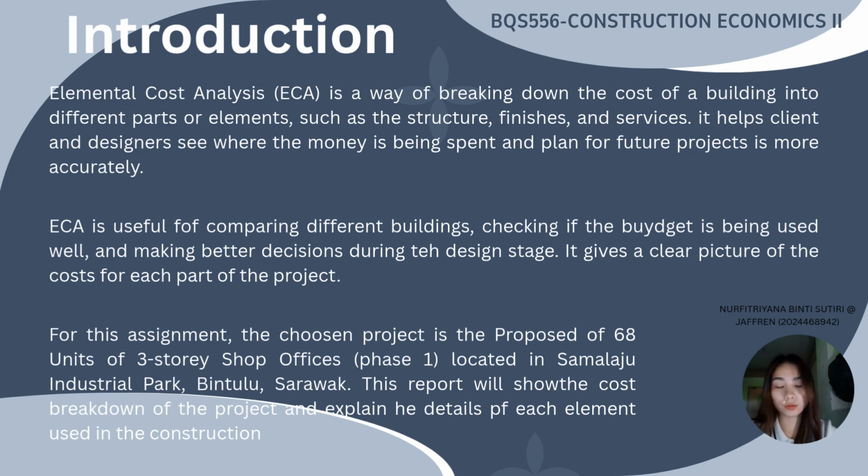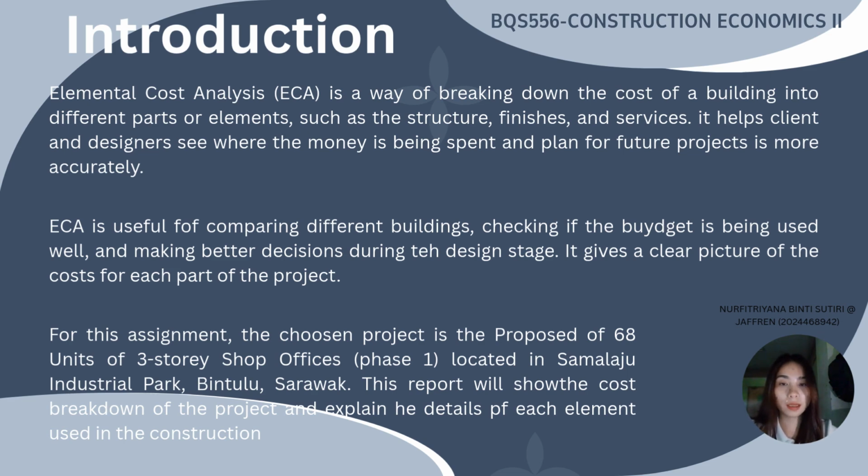ECA is useful in the early stages of design as it provides a clear picture of where money is being spent. It also allows for cost comparison between similar projects, helping stakeholders make informed decisions.